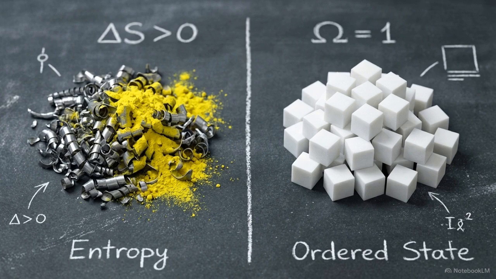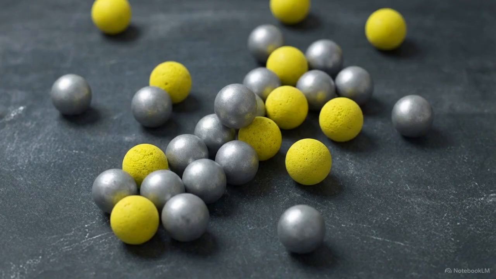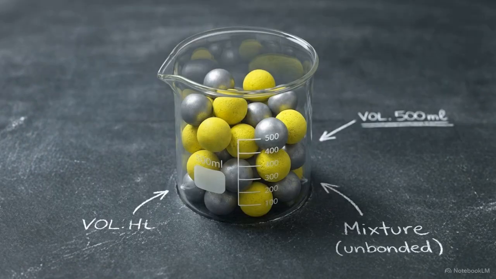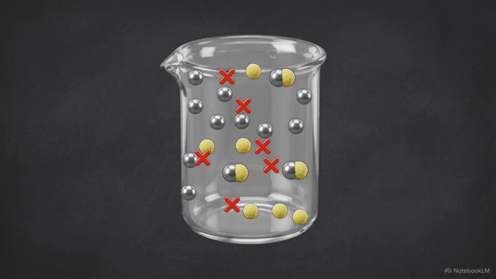Compounds act distinctly from elements sharing the same physical space. The chemical bonds create a completely new physical material. We can contrast the rigid, locked architecture of a compound with a state of unstructured proximity. This is a mixture. In a mixture, different elements or compounds coexist in the same volume of space, but they are completely devoid of chemical bonds.